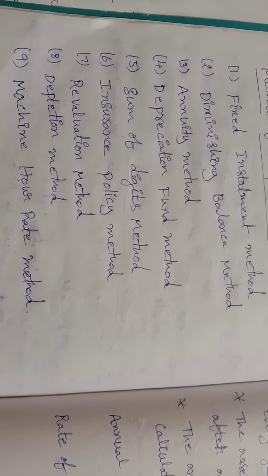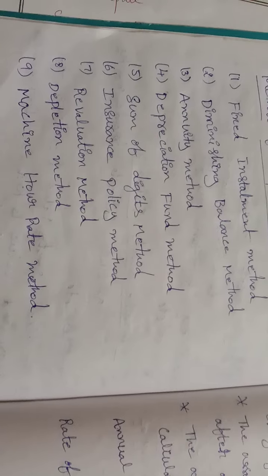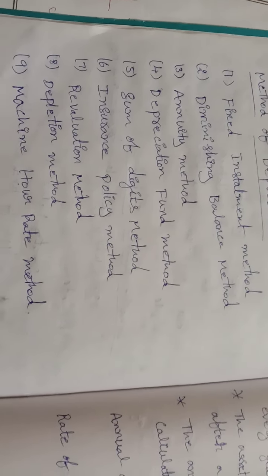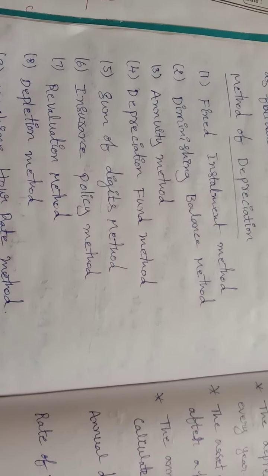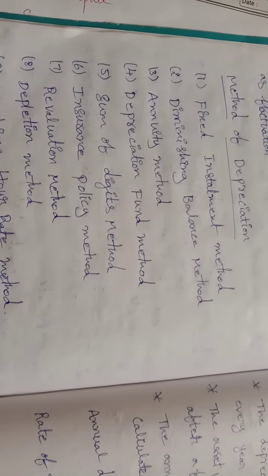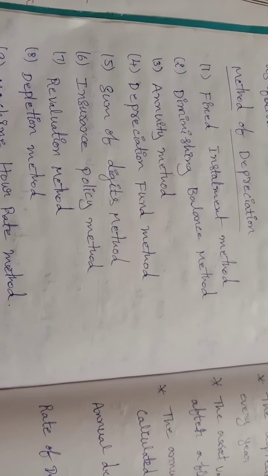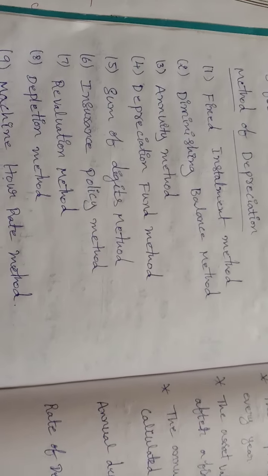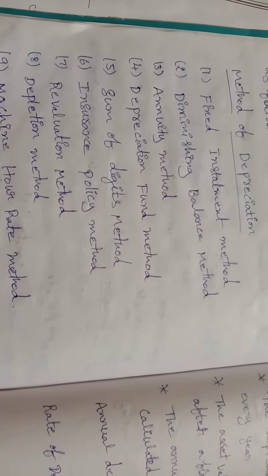Eighth one is depletion method. Ninth one is machine hour rate method. So these are called methods of depreciation. These are asked as 10 marks questions and 5 marks questions in previous question papers I have seen.